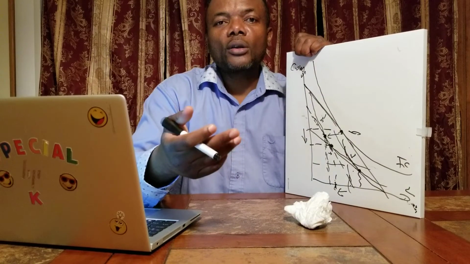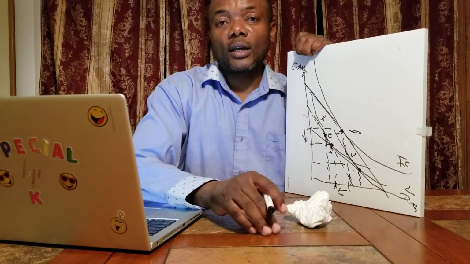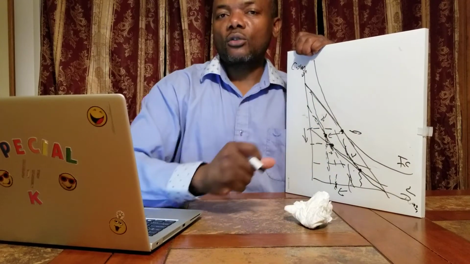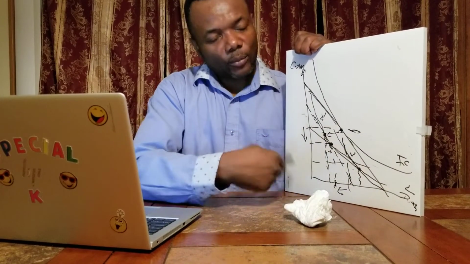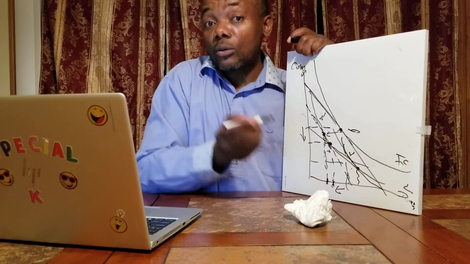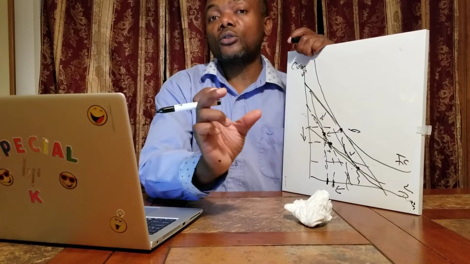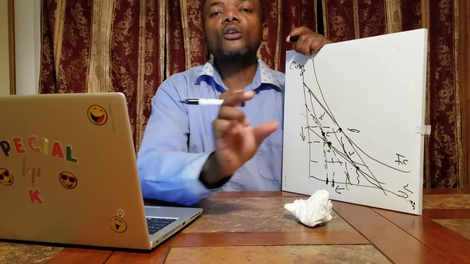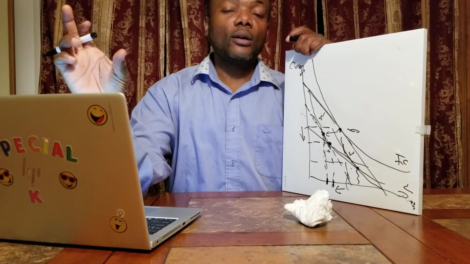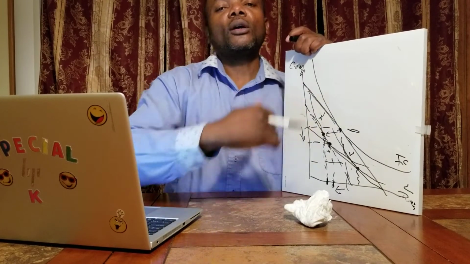If you go to work and they cut your salary in half, but they offer you extra time, the incentive to take extra time will be there. And that's the example here. You see, at the end of the day, the number of hours of work, labor, will increase from here to there. That's your substitution effect. So you are increasing the number of hours of labor, and by increasing labor, you are decreasing leisure.